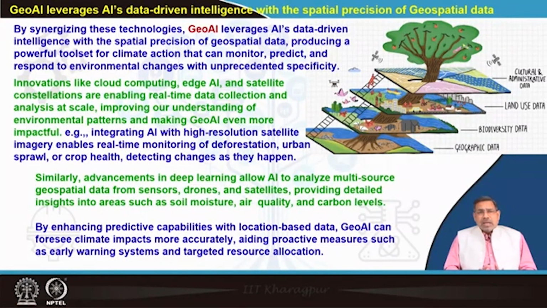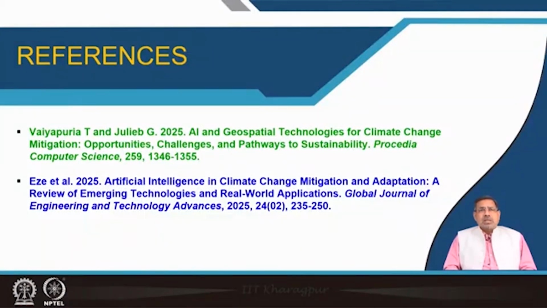So, by enhancing the predictive capabilities with location-based data, GeoAI can foresee climate impacts more accurately. That is how it adds proactive measures such as early warning systems and targeted resource allocation. So these two references have been used for preparing the slides.